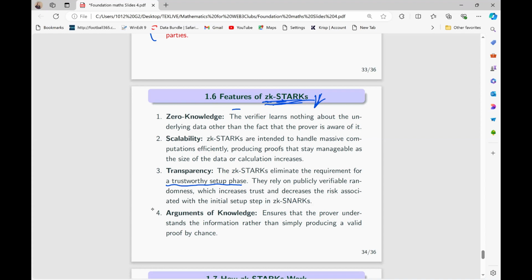They rely on publicly verifiable randomness, which increases trust and decreases the risk associated with that first phase in the ZK snarks.